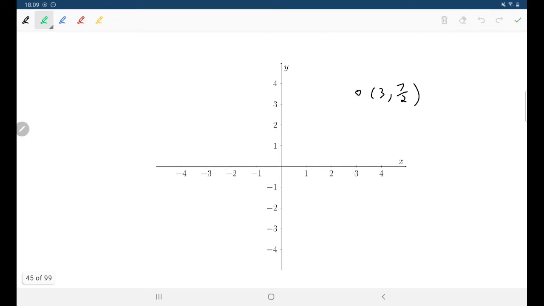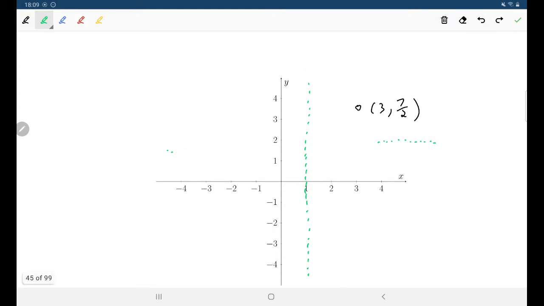Vertical asymptote was x equals 1. And my horizontal asymptote was the line y equals 2. As I usually do when I do these sorts of graphs, my horizontal asymptote, I only draw it at the far left and far right.